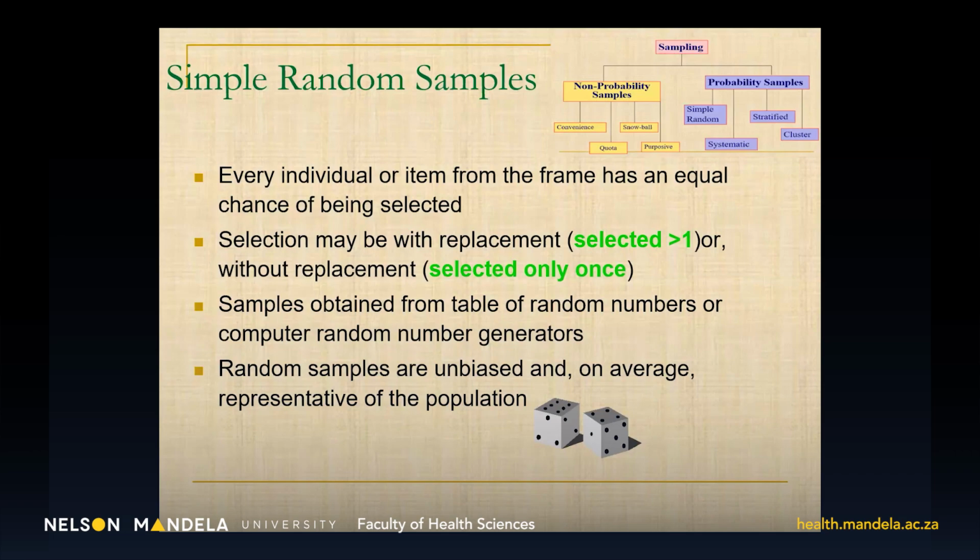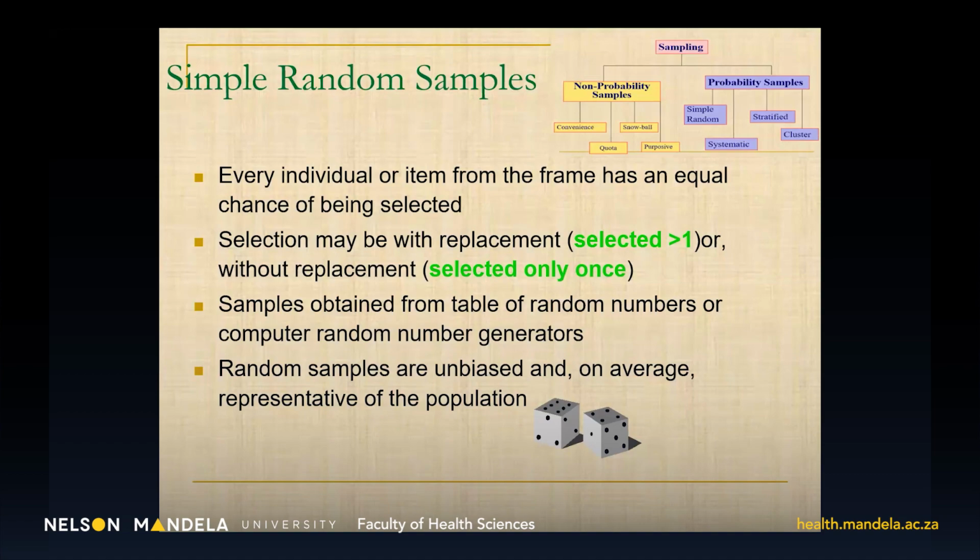I think it's important to note this, that random samples are unbiased and, on average, touch wood, representative of the population. So the random sample, think about my biostats second year class with the names in a jar. Hopefully the paper balls are equal size. There is no bias in terms of size, and the colors are the same.